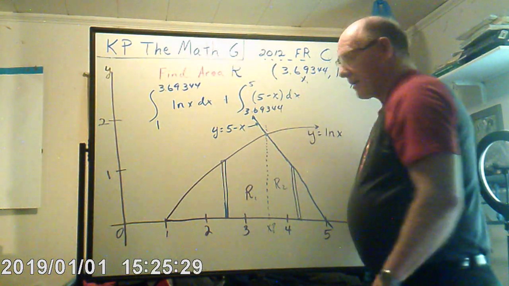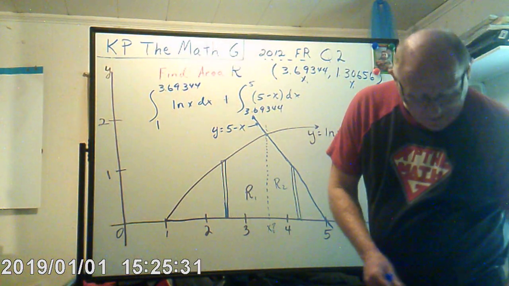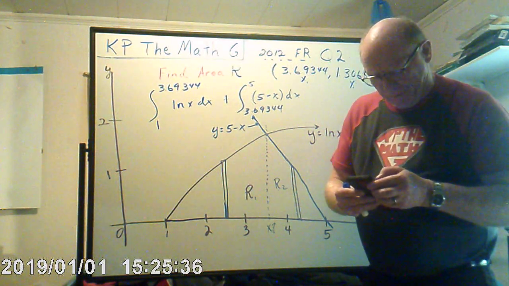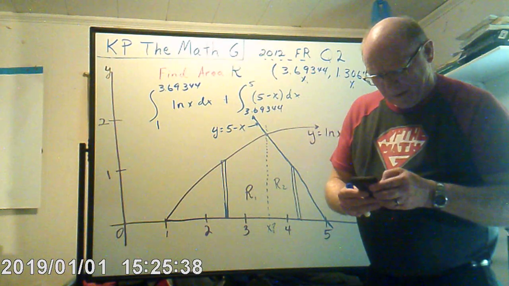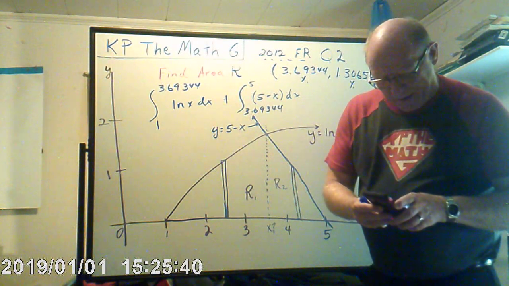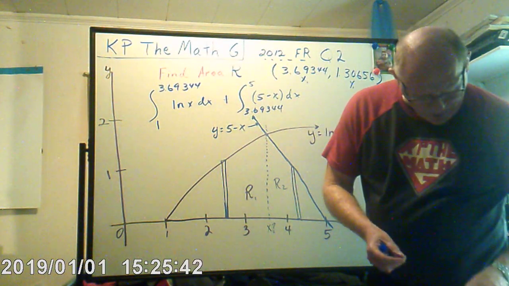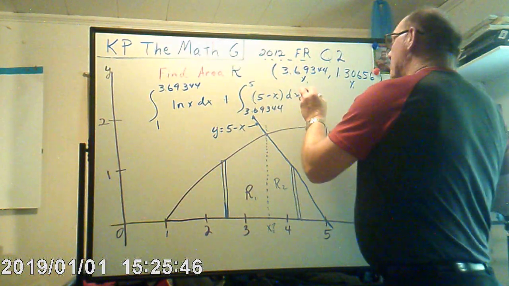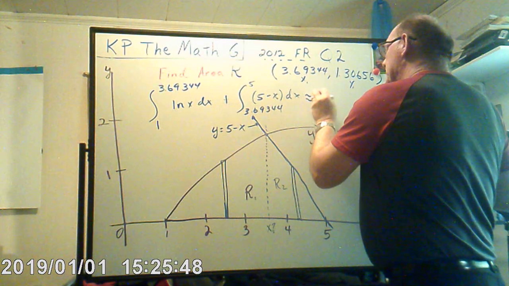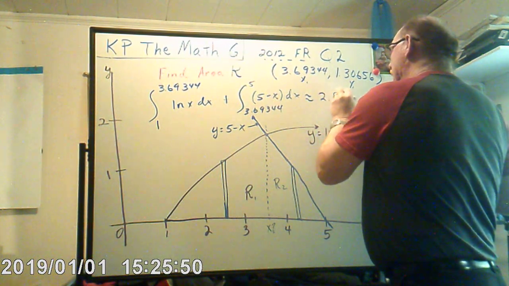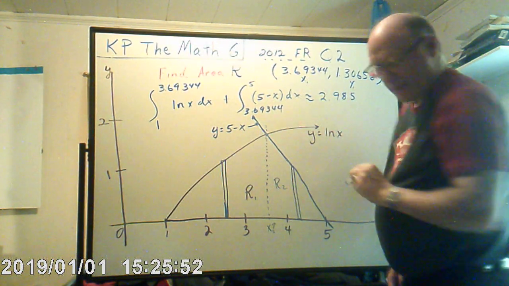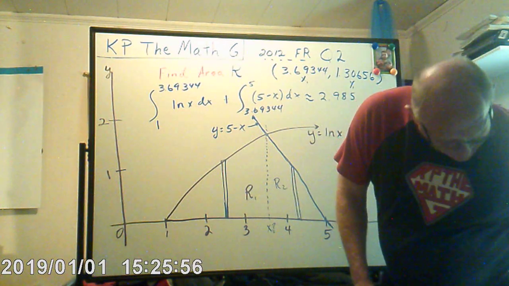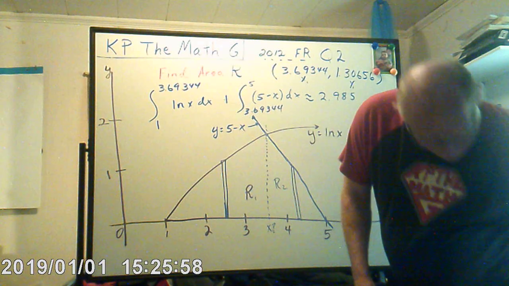And when you do that, I will tell you what you get. When I do that, I get 2.985, about equal to 2.985, and I think they round that up to 2.9858.